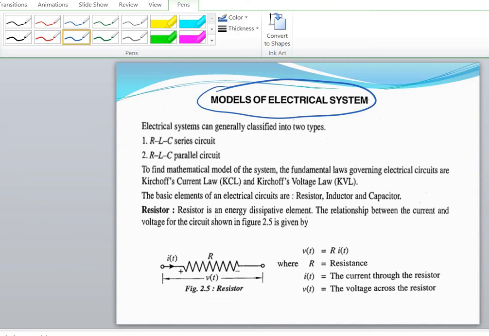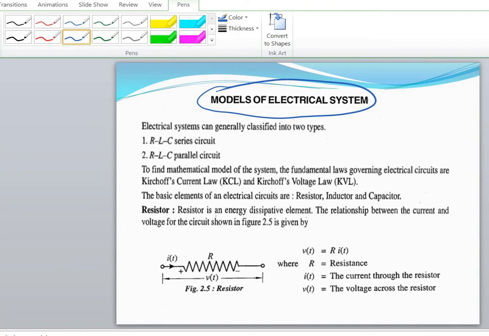That displacement gets converted into linear velocity and linear acceleration in translational mechanical systems, while in rotational mechanical systems, the angular displacement is represented by theta, angular velocity by omega, and angular acceleration by alpha.